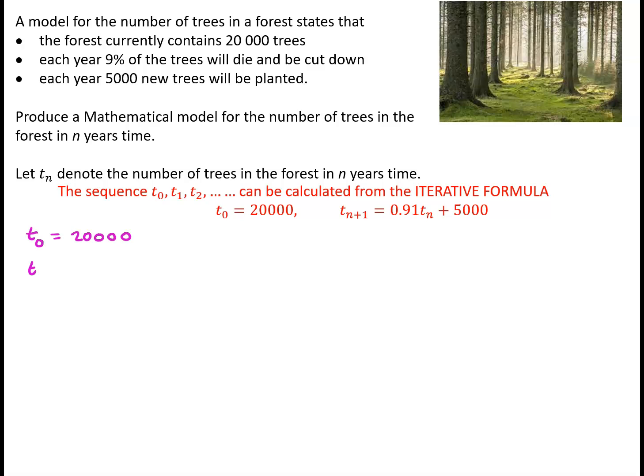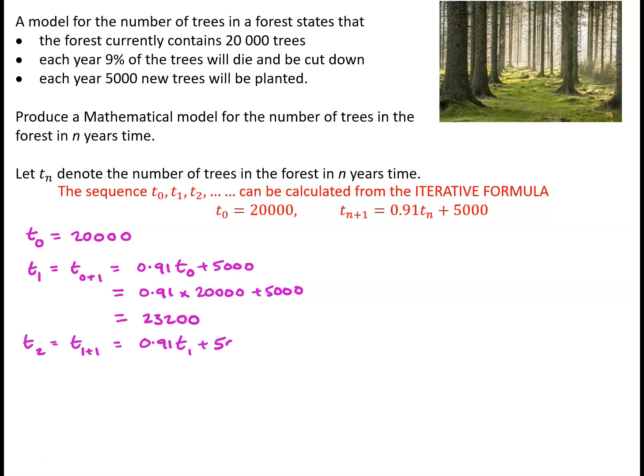We've got T0 is 20,000, T1 is going to be 0.91 times T0 plus 5,000, which ends up giving me 23,200. And T2 is going to be 0.91 times T1 plus 5,000, which ends up giving me 26,112.